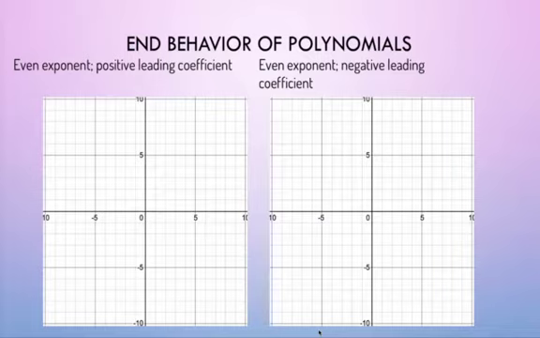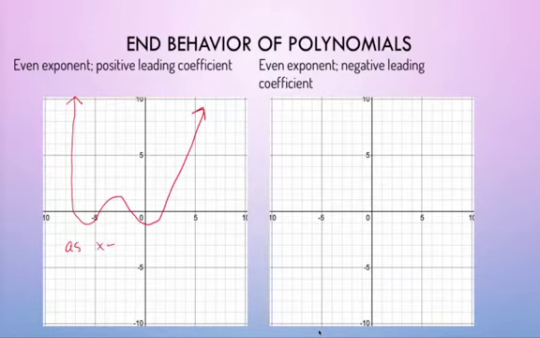So if the degree is even and the leading coefficient is positive, then your end behavior is going to approach infinity on both ends. So as x approaches negative infinity, f of x approaches infinity, and as x approaches positive infinity, f of x still approaches positive infinity.